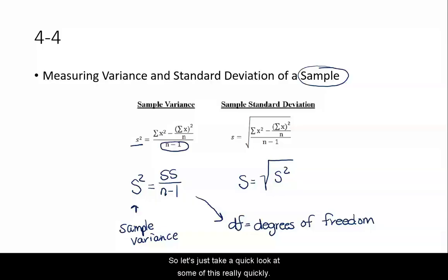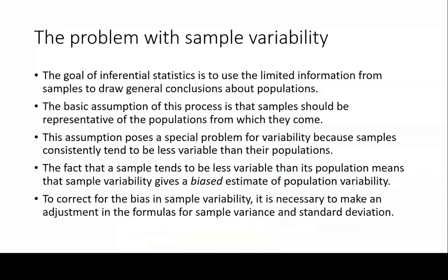So let's just take a quick look at some of this really quickly. I told you that one of the problems with sample variability and sample standard deviation is the fact that we have to account for the fact that samples are much less variable than the populations they represent.